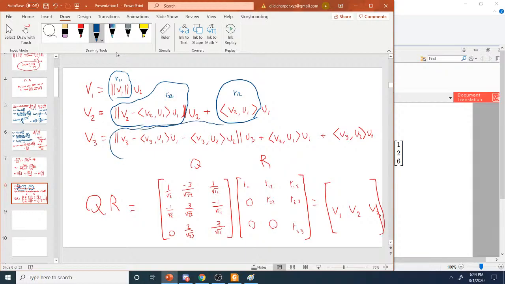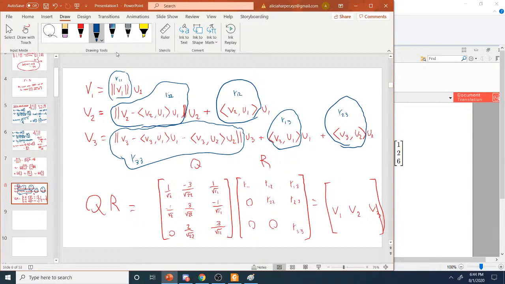This quantity is going to be R33, this quantity is going to be R13, and this quantity right here is going to be R23.